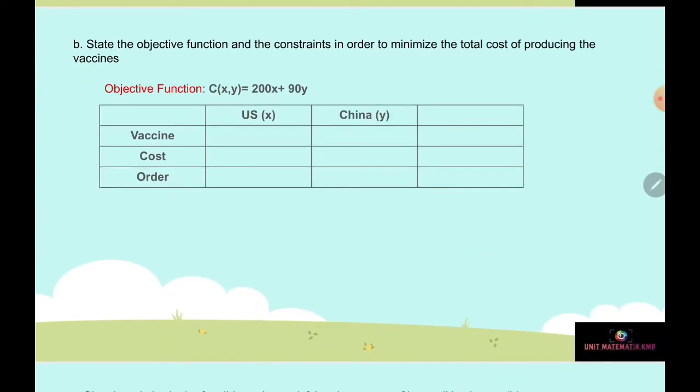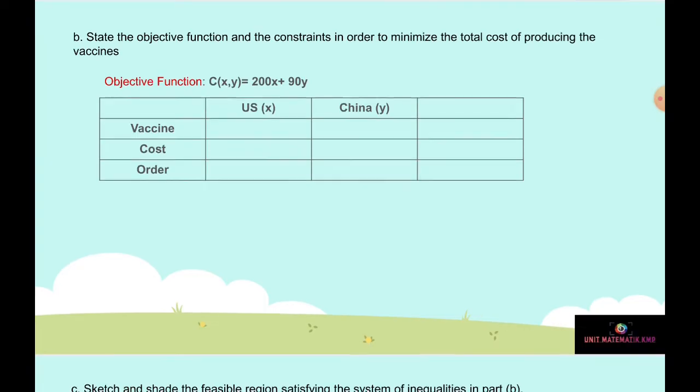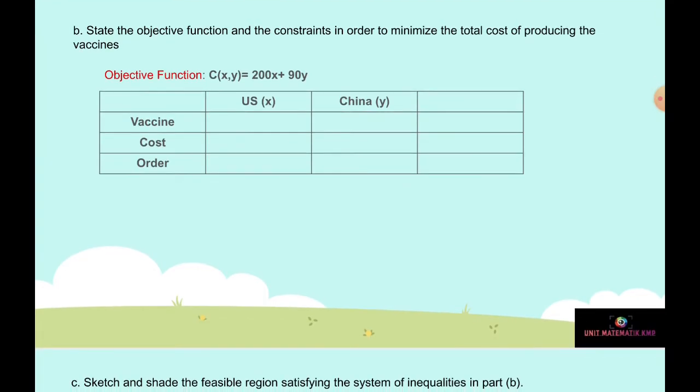And then B, state the objective function and the constraints in order to minimize the total cost of producing the vaccines. Because the objective function is to minimize the total cost, it means that your objective function is cost.